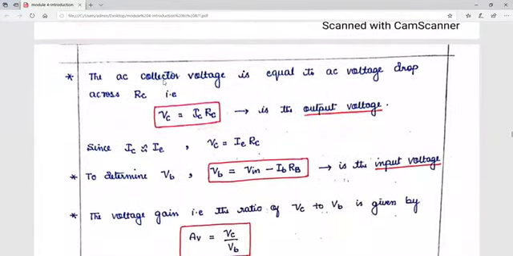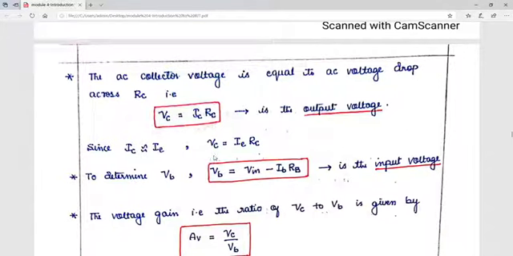The AC collector voltage is equal to the AC voltage drop across the resistance RC. So the voltage across RC is VC, which is equal to IC into RC, which is our output voltage. Here also we know that IC is almost equivalent to IE.